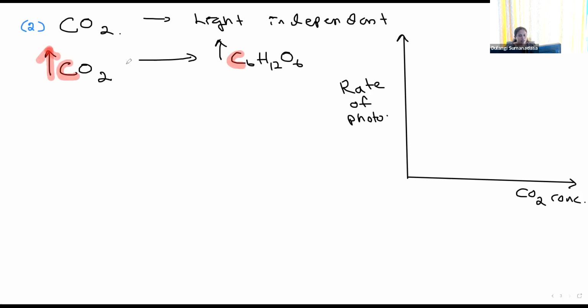The higher the number of carbons, the higher the number of glucose molecules. So if I keep increasing the carbon dioxide concentration, up to a certain point the rate of the reaction is going to go up, and then there's the saturation point. The rate of the reaction is going to be constant, exactly like the light intensity.